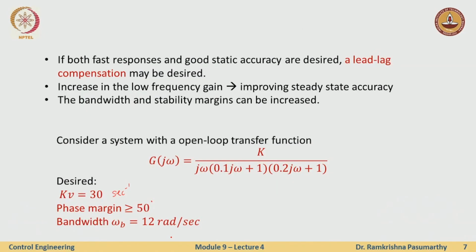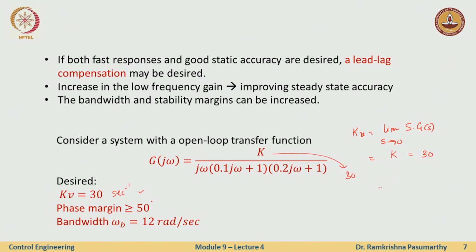Okay, so before that, we are given this kV. Now kV should be 30 per second. So what is the kV in my case? kV in my case is the standard formula, limit s tends to 0 of s times G(s), which becomes k here. So for kV to be 30, k should also be 30.